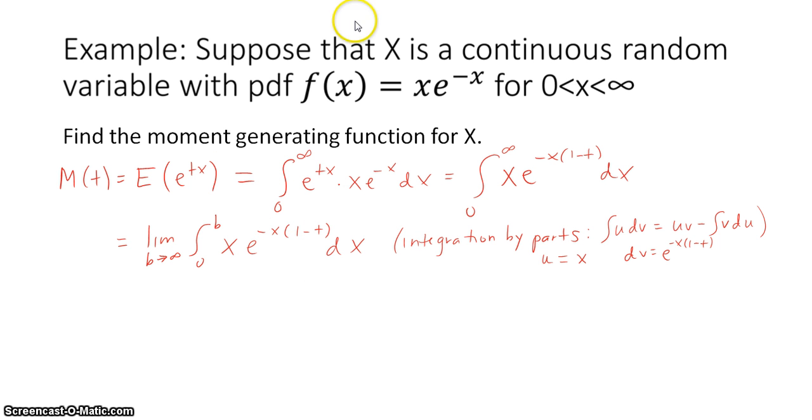So we choose u equal to x, and we choose e to the minus x times 1 minus t power to be our dv. And now we need to find du, and we need to find v. So we differentiate u to find du, so it's going to give us dx, and we integrate dv to find v.